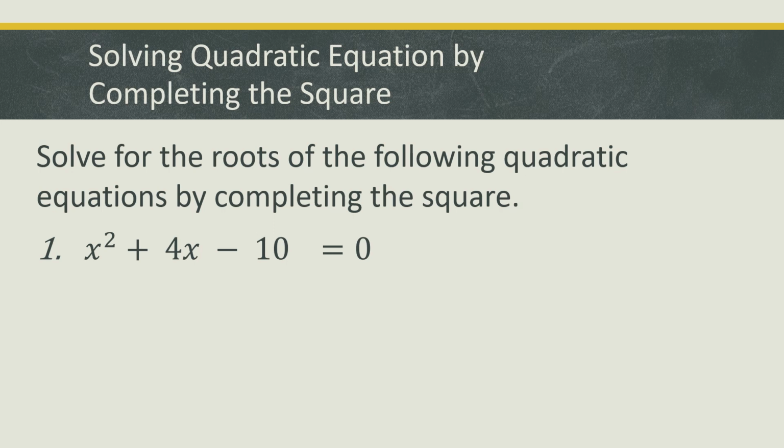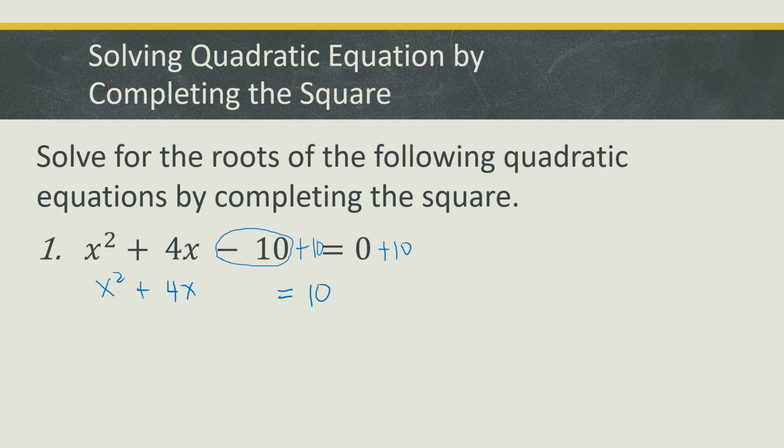So the first step that we are going to do is to eliminate the constant term, minus 10, by adding 10 to both sides. So the equation will now be x squared plus 4x is equal to 10.